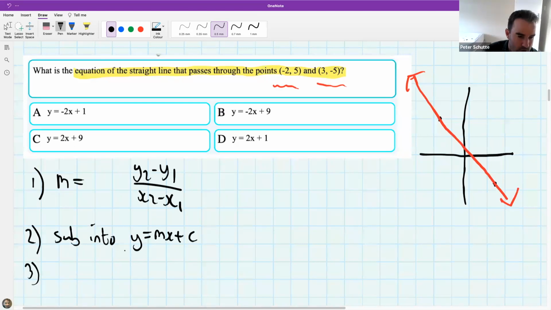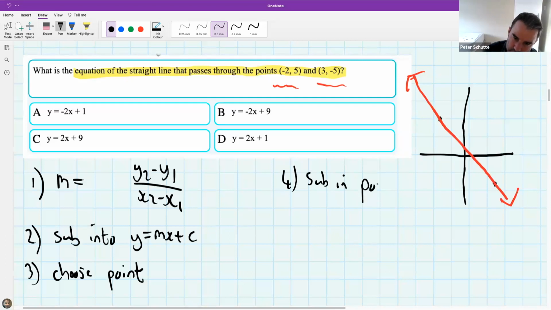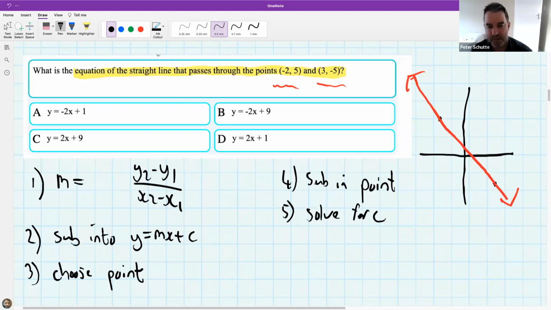I'll put the steps on the board so you can use them for this one. See if you can follow my 5-step plan.